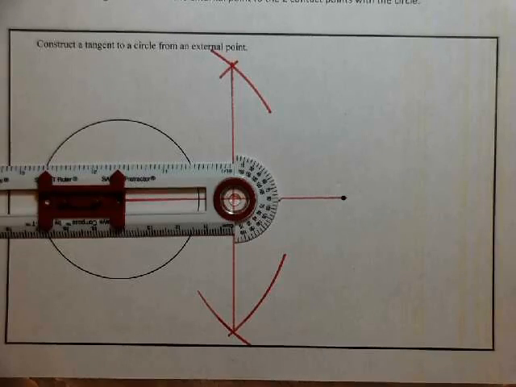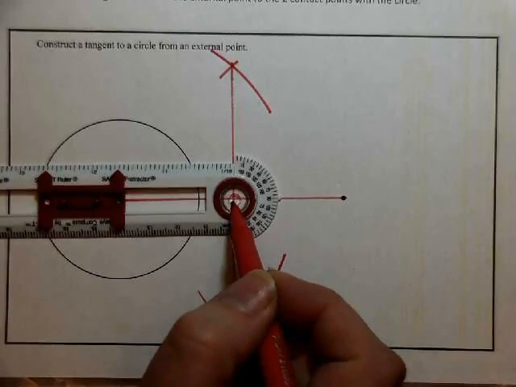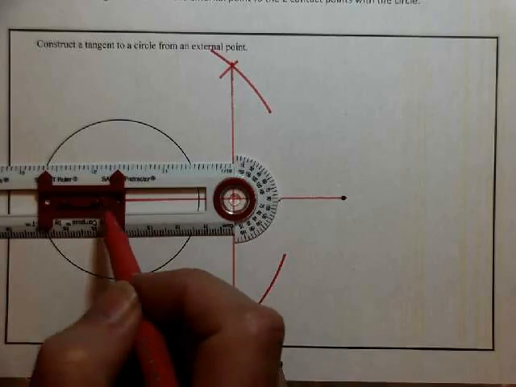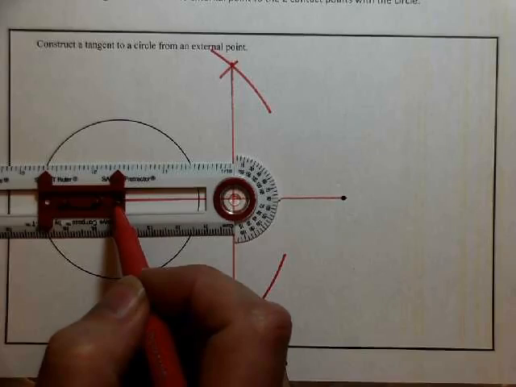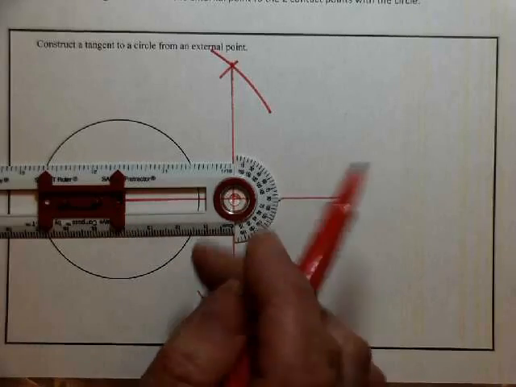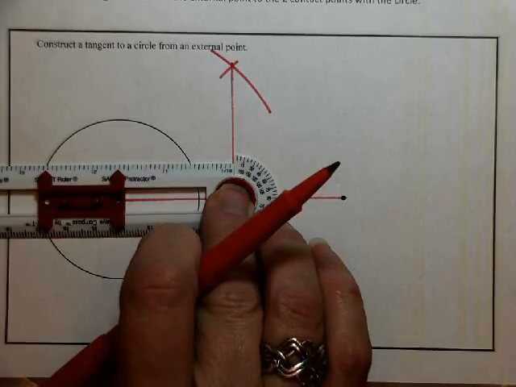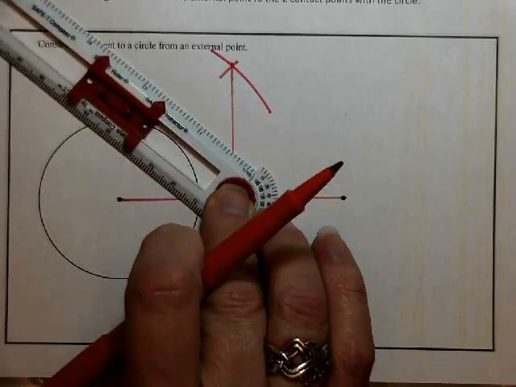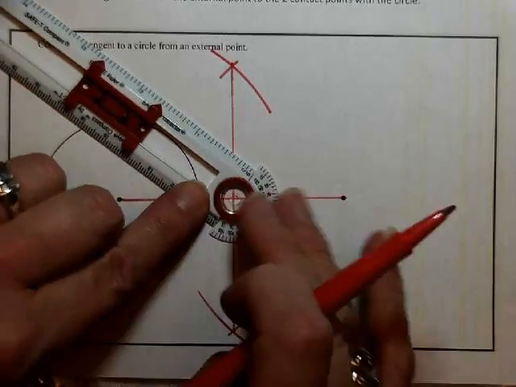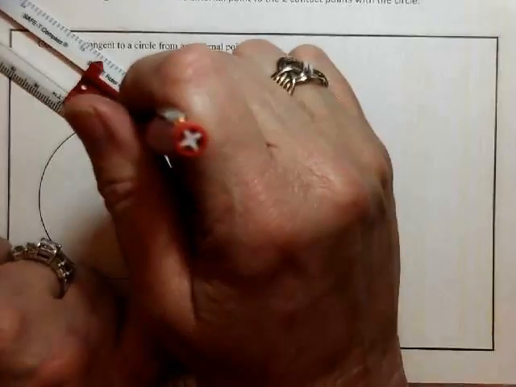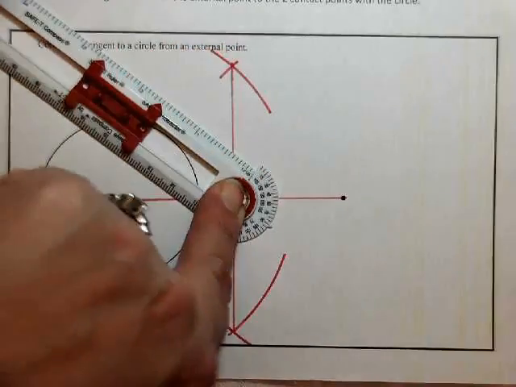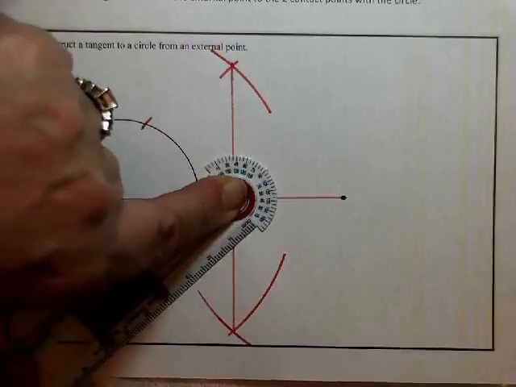So we place this on the midpoint we just constructed, and set the width to the center of the circle. Basically we're going to mark up here where it crosses, and we're also going to pull it down here and do the same thing. Mark it down here.